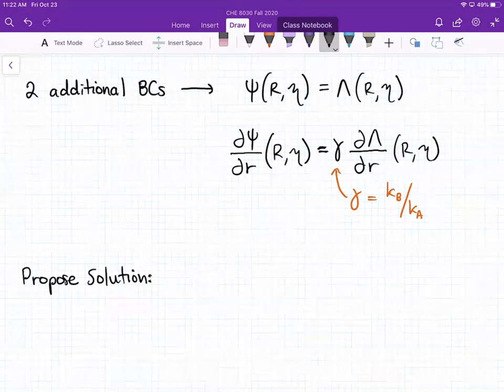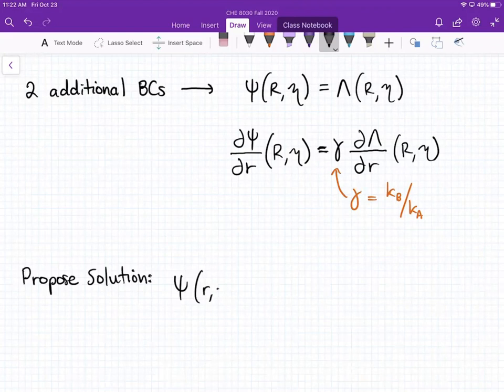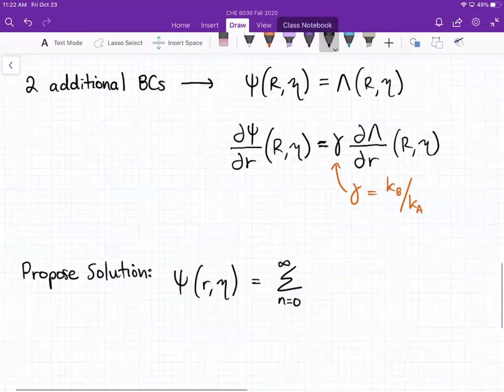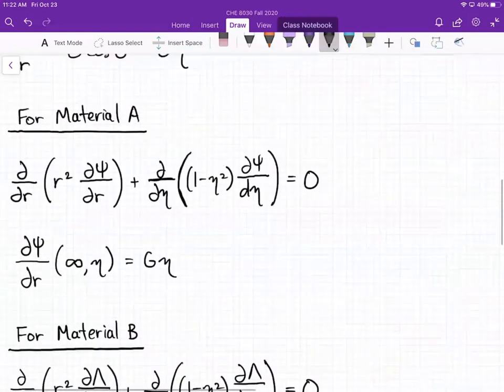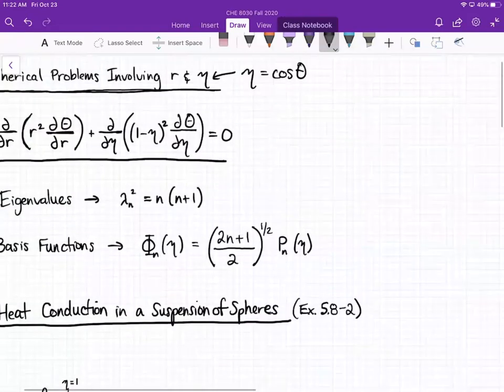So I'll write it for both. So for material A, R and eta equal to the summation. In this case, we go from n equals 0 to infinity. I guess we should write that up next to our eigenvalues.